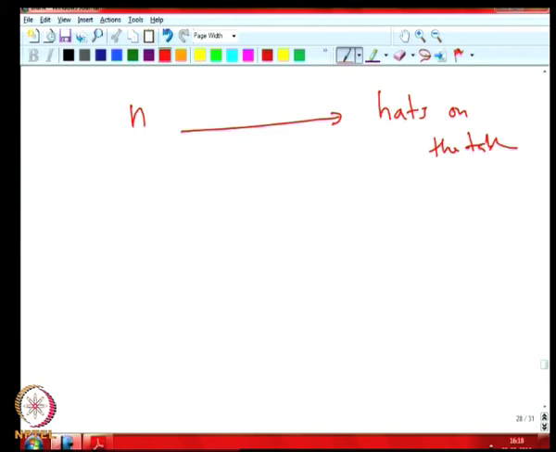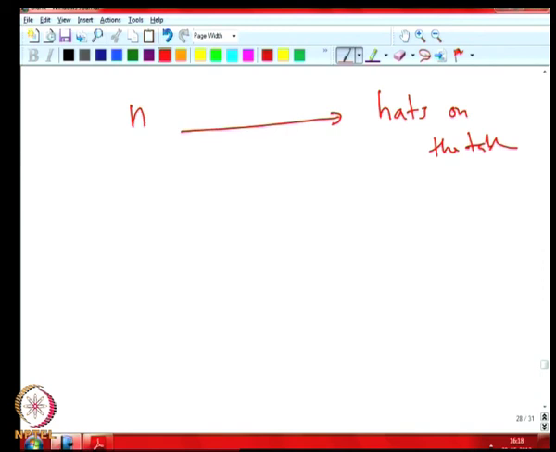Now the question is, in how many ways can they take back their hats such that nobody gets his own hat, right.